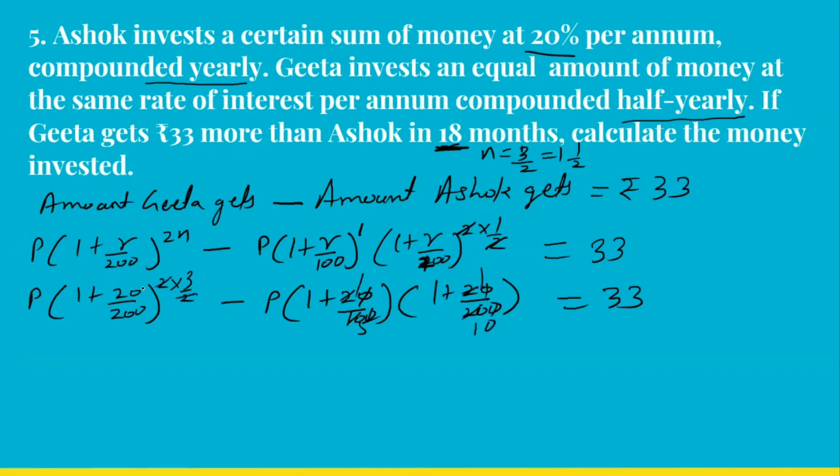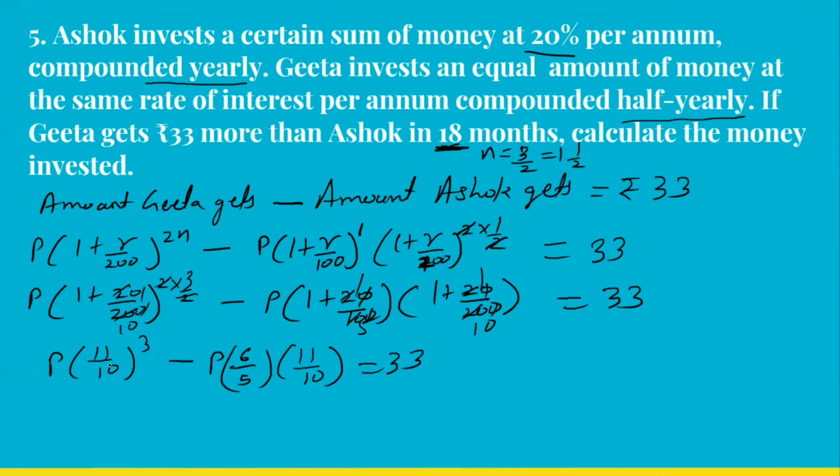This simplifies, we get here 1 upon 10 again. So we are getting here P in bracket, this is 10 plus 1, 11. So 11 upon 10 cube minus P in bracket, 5 is the LCM. So 5 plus 1, 6 upon 5. And multiplied by 10 plus 1, it is 11 upon 10, which is equal to 33.